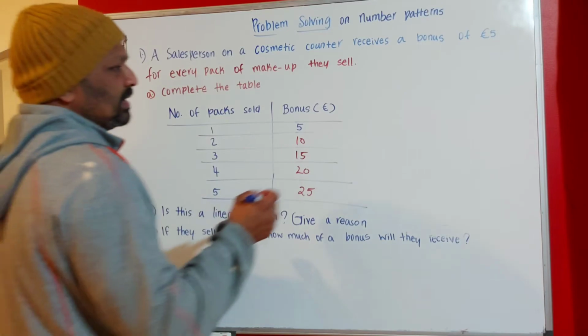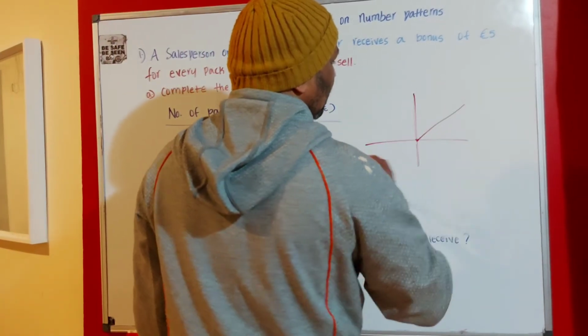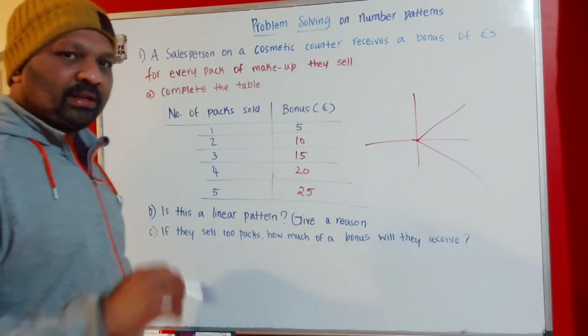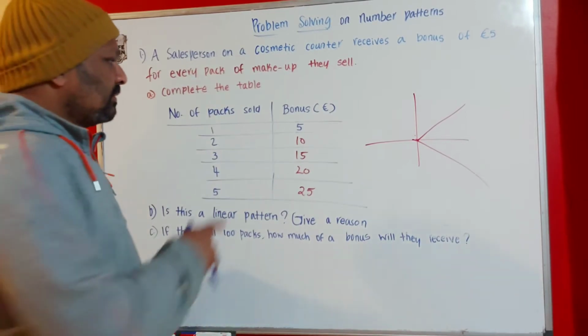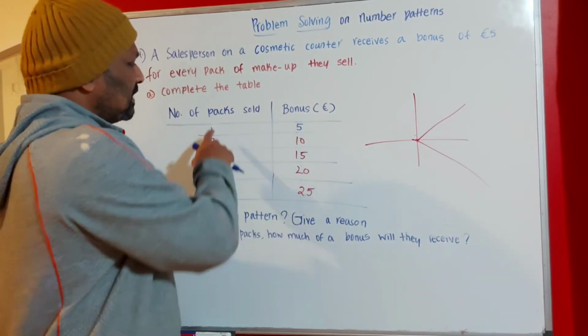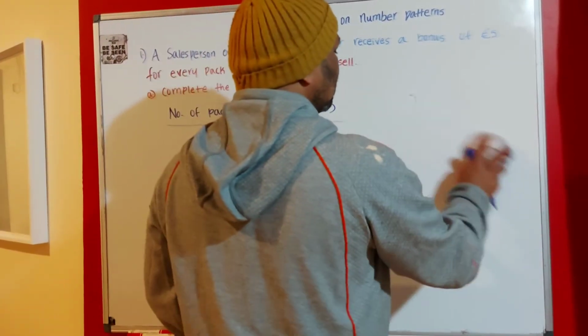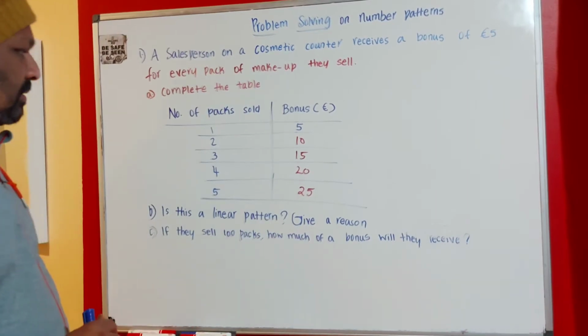Any graph that starts at the origin, 0, and goes like this, that series is called a linear pattern. So if he sells 0 packets, he's going to get 0. That means the starting point for that guy is 0. That is how you have to calculate.